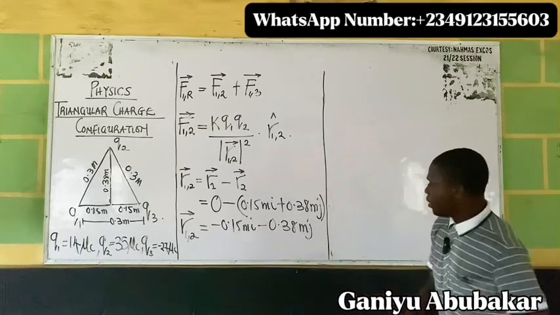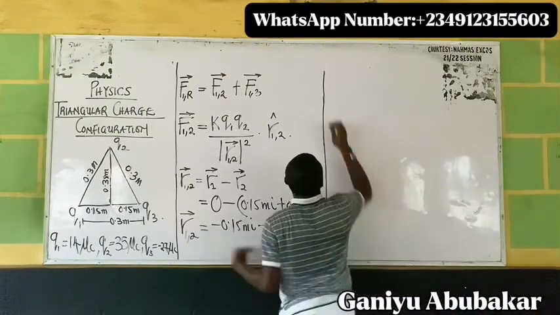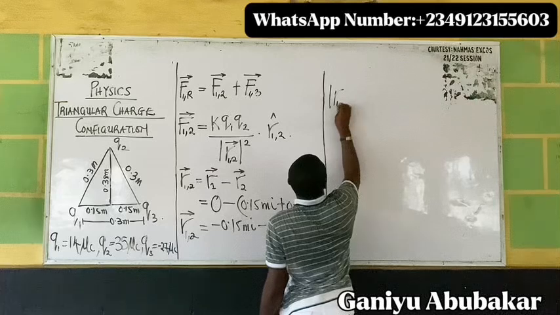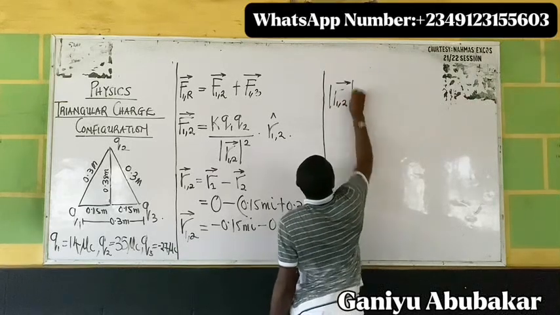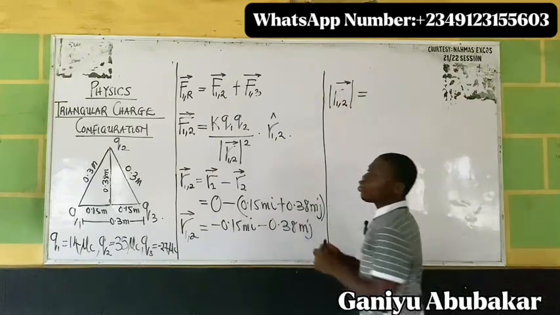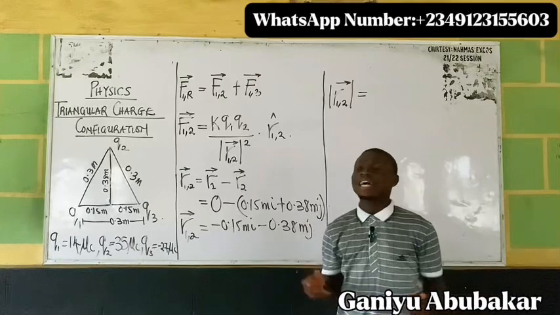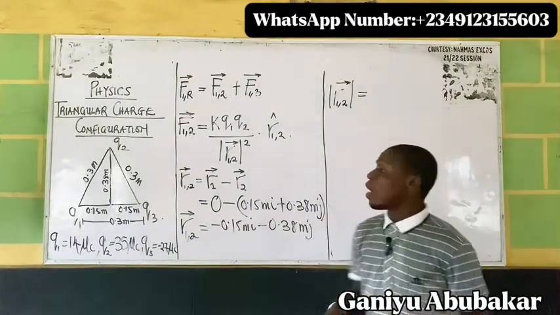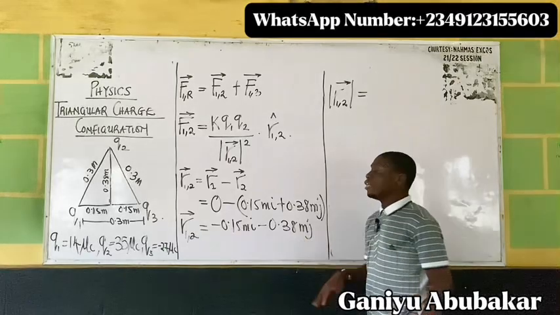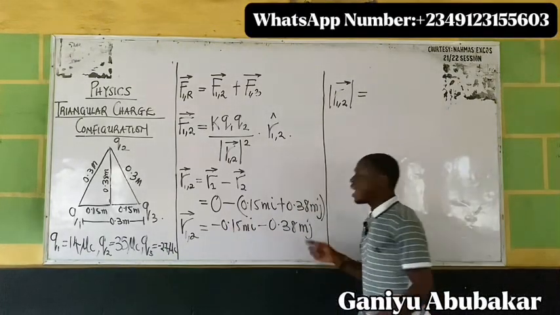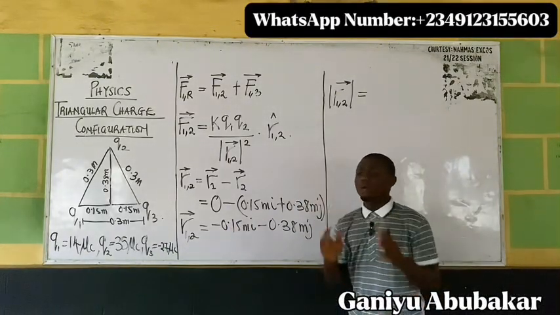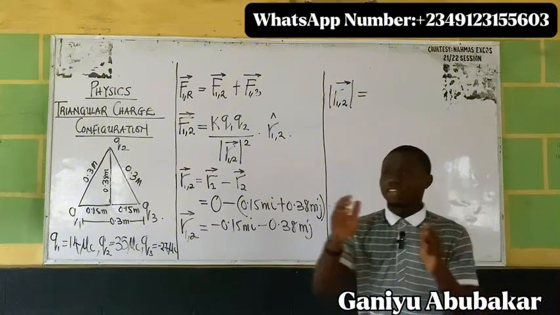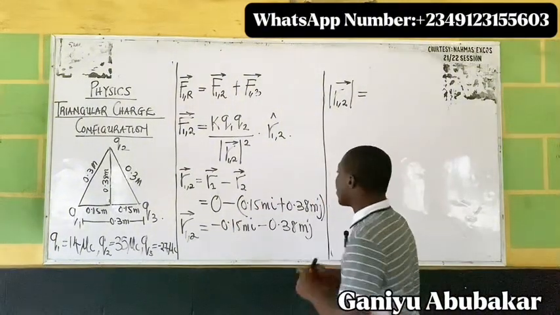All right. The magnitude of R12 is equal to, when it comes to magnitude, it's as easy as squaring each term and taking the square root. Now, I have two terms here. To find the magnitude, I take the square root of each term squared and summed.